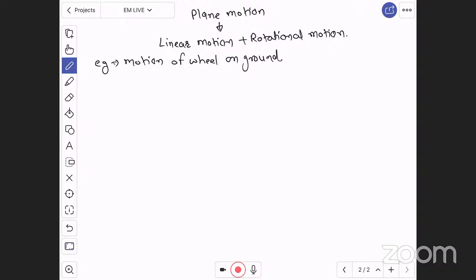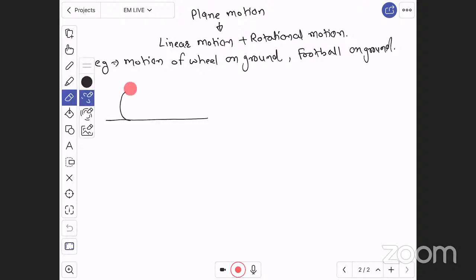Now, plane motion is nothing but linear motion and rotational motion together. For example, motion of a wheel on ground or motion of a football on ground. Now, let us consider this is a ground, and on this ground there is a wheel, like this. Now, this is the center of the wheel.